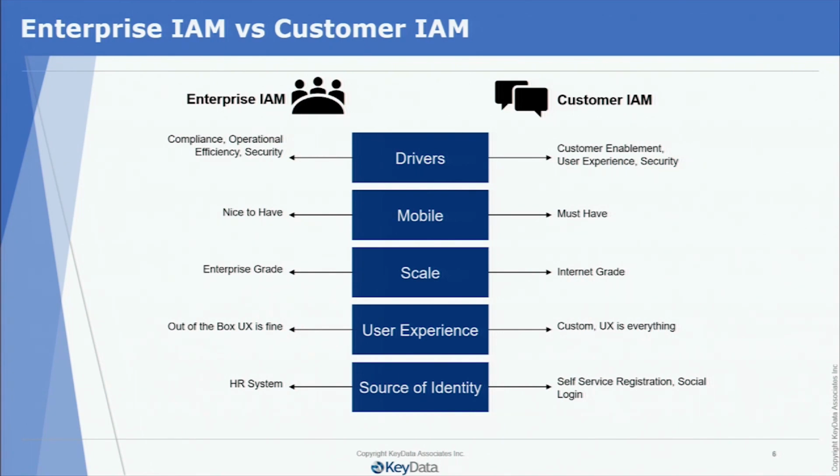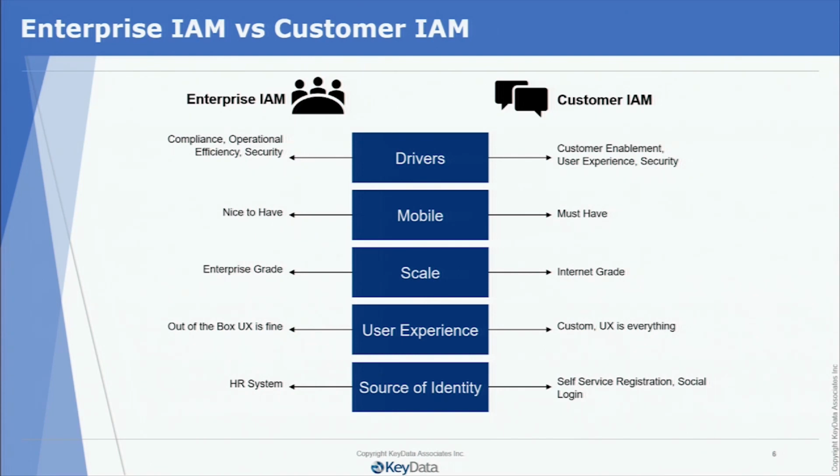In the enterprise IAM space, mobile access is nice to have, whereas on the consumer side, it's a must-have. We want to make it easy for consumers to access the business portal, so we have to give them all the different vehicles to do that and make it secure as well. I think there was a study that said 50% or more of clients would not want to do business with an organization that didn't securely manage their data.